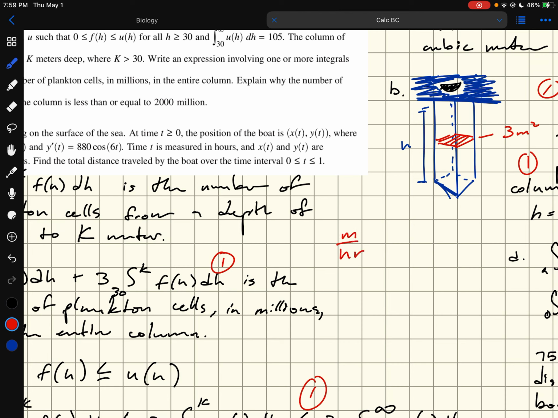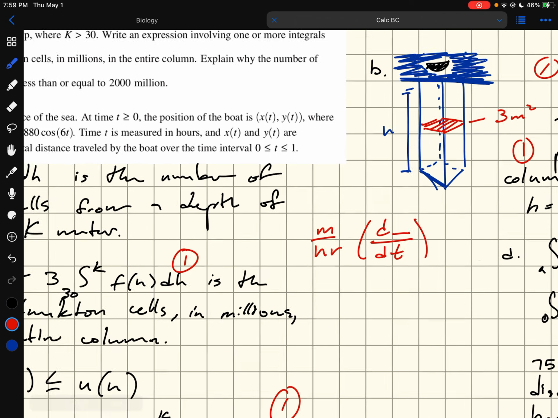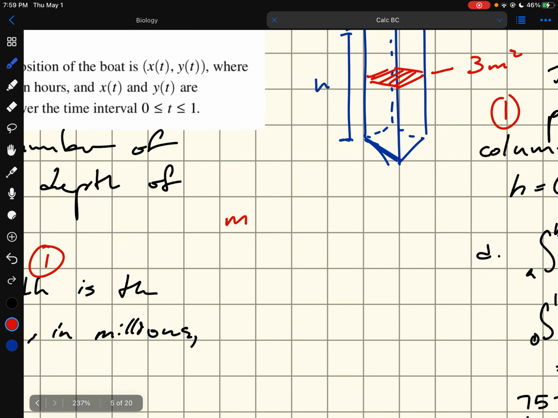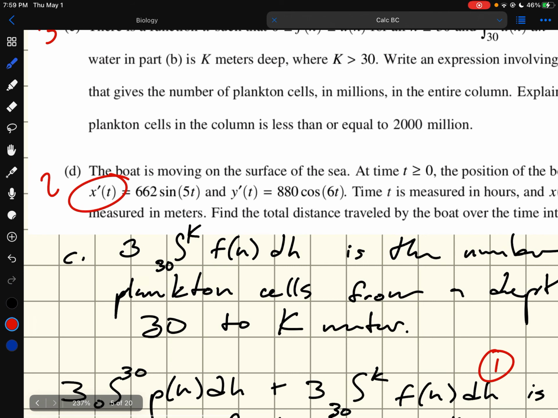When you take a derivative, it's like d blank dt, because we're taking with respect to t. So this would be like 1 over some hours. So if we were to take the derivative of this, the units for x double prime would be meters per hour per hour. And it's easier if you just write it per hour per hour. You don't have to do per hour squared. Anyways, we're getting off topic.